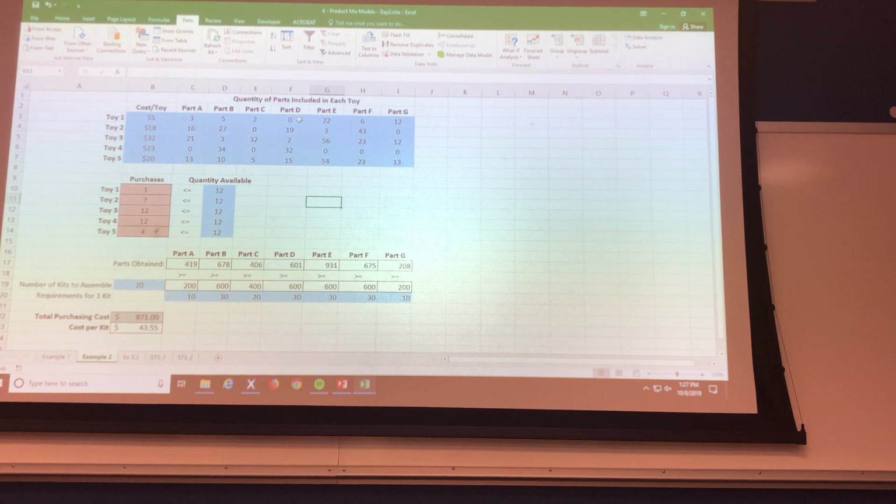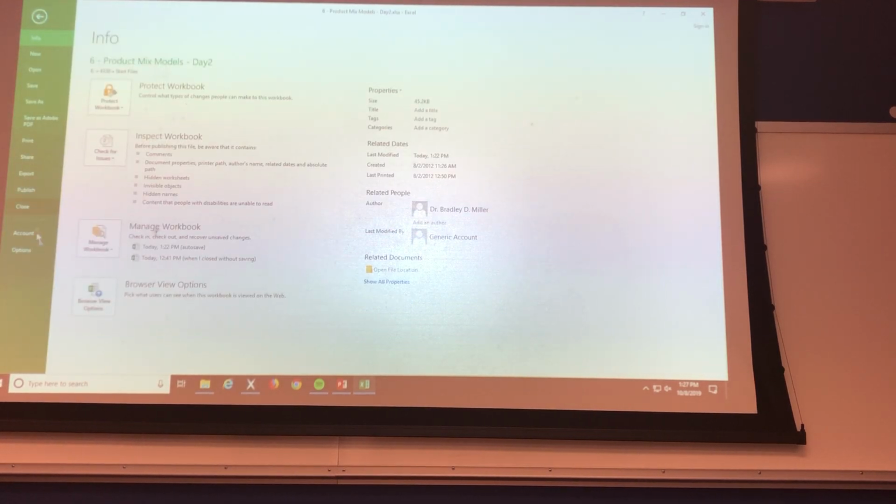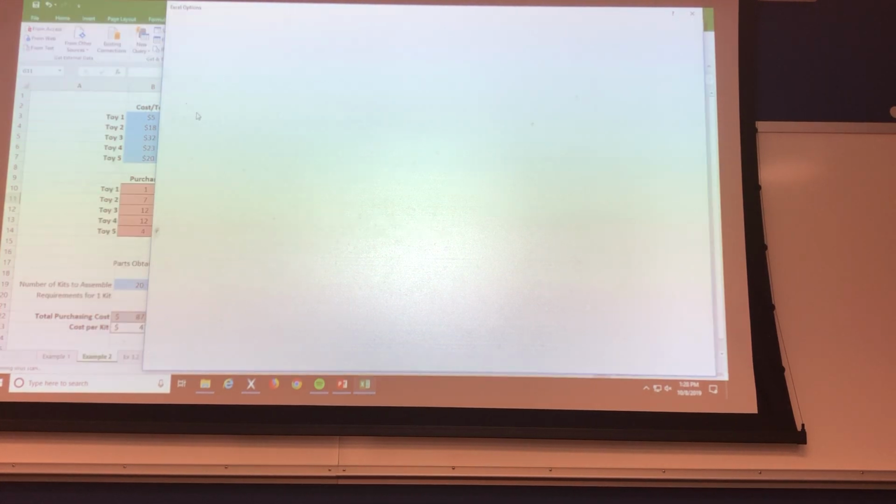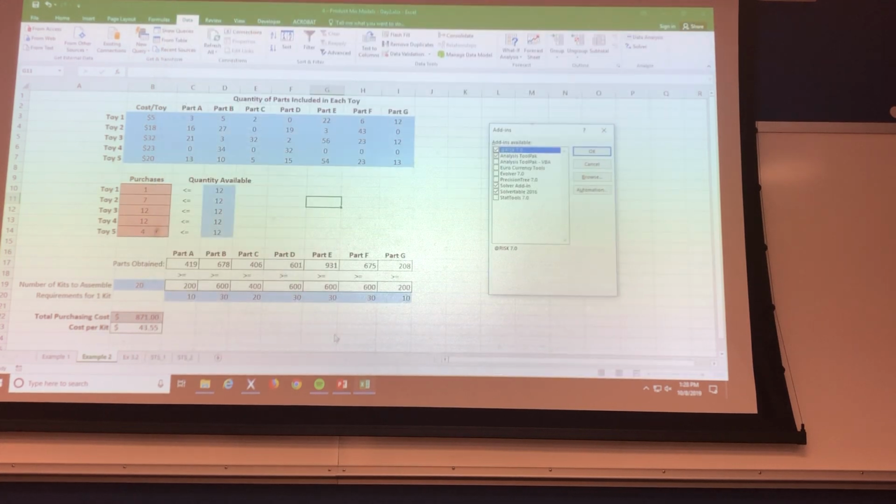That's all it does. In this room and on some of your computers, every time you leave Excel, solver table goes away, and I don't know why it does it in this room, but it always does. So I'm going to have to turn solver table back on. If I go to File, Options, Add-ins, it looks like it's checked. Yours may do the same thing.